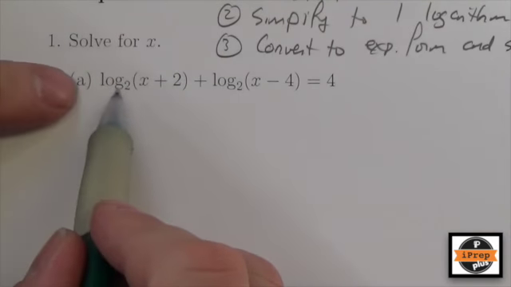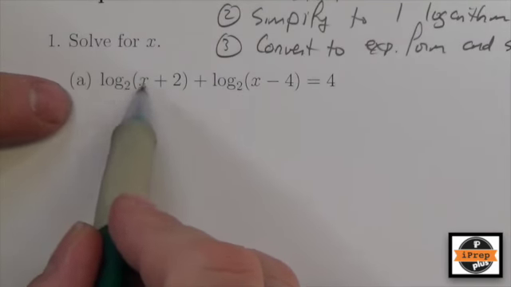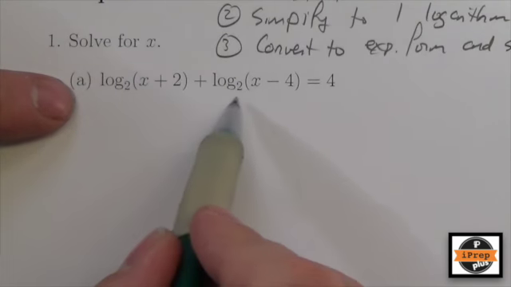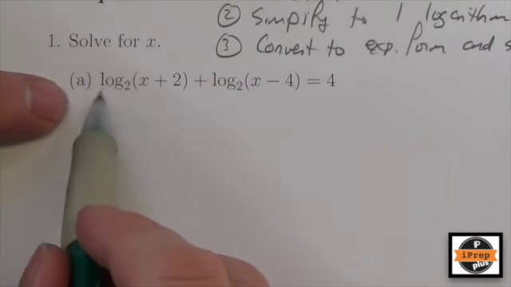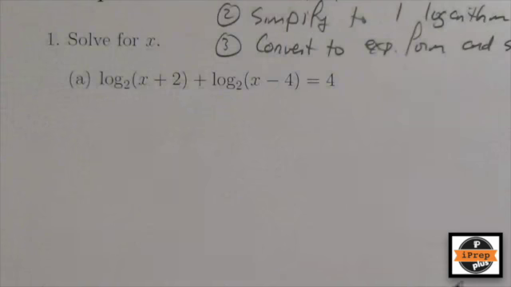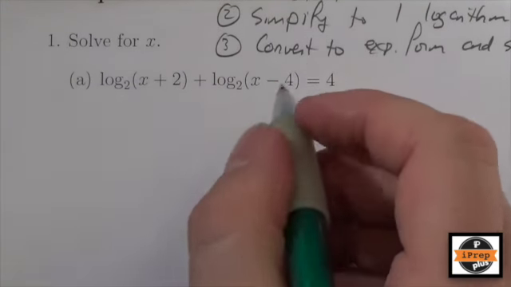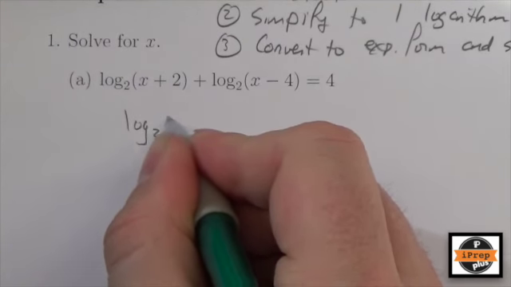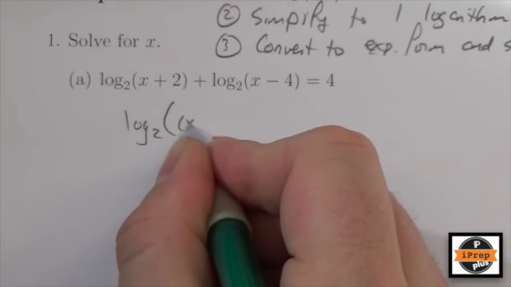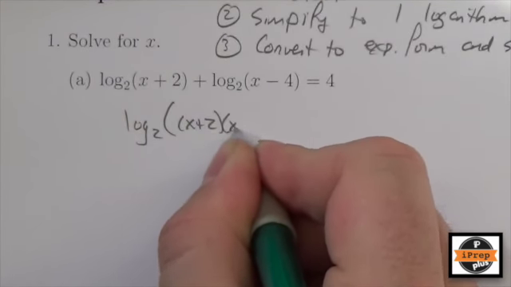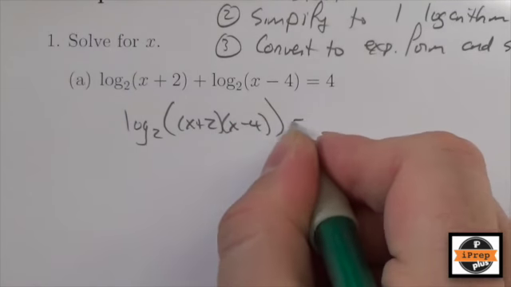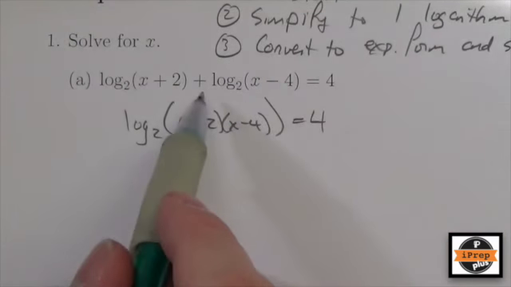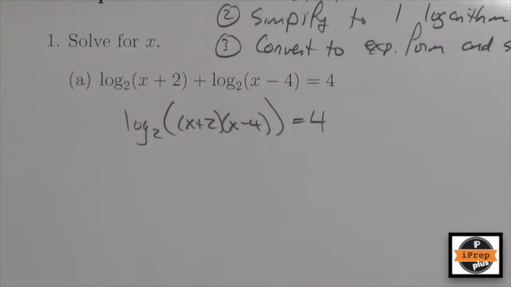So if you make that mistake of going, well, this is going to be log base 2 of x plus log base 2 of 2 plus log base 2 of x minus log base 2 of 4, if you're distributing the log, that is incorrect. That is not a rule. You can't do that. But addition becomes multiplication between the arguments. So I can do that. So I've now combined it into one logarithm.